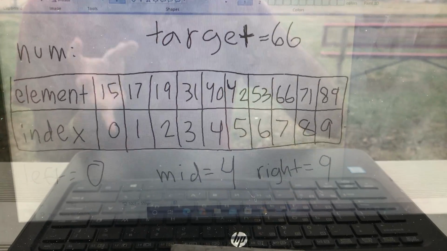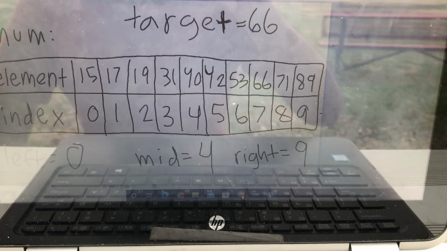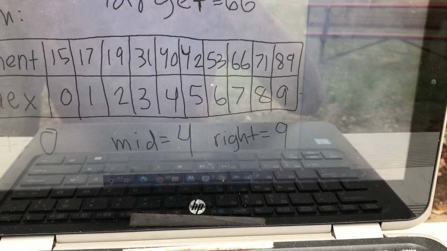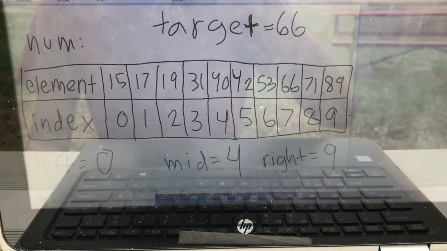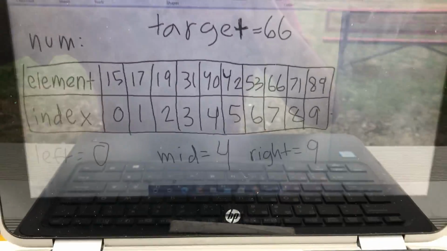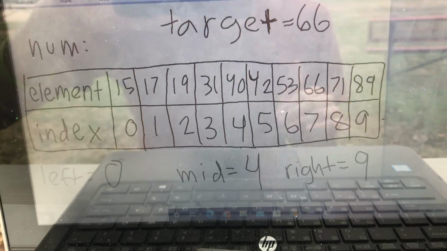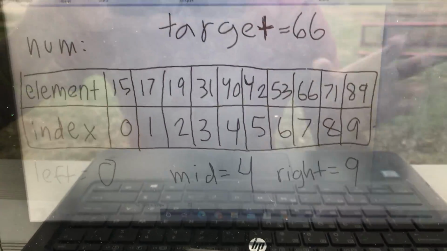Or if the target were equal to 40, then our binary search would return the middle index because we've located that value, right? But for now, since 66 is greater than 40, our left becomes middle plus 1.